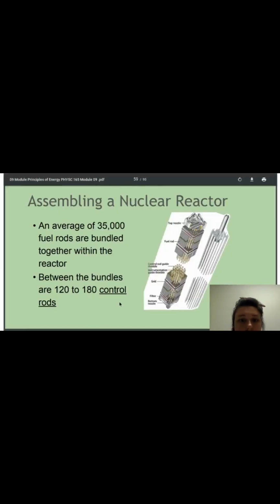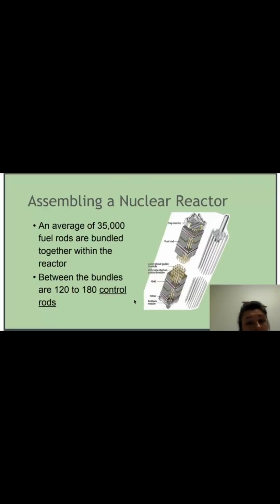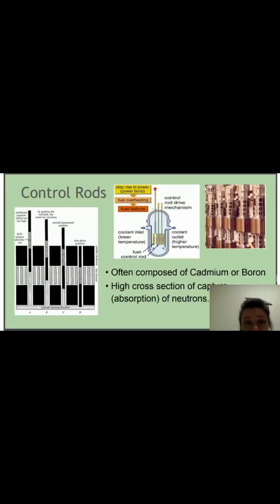I then put in control rods, and I'll have about 120 to 180 control rods within my assemblage. Those control rods will be made out of cadmium or boron, and the reason for that is because they capture neutrons. They like to absorb neutrons, and if I capture the neutron, that neutron cannot go on to bombard any other uranium, making any type of chain reaction occur.